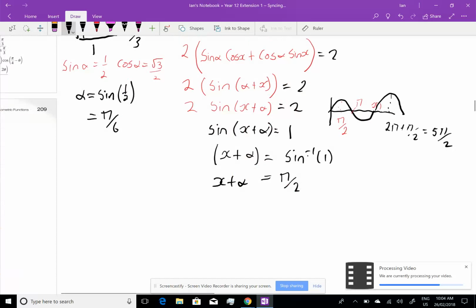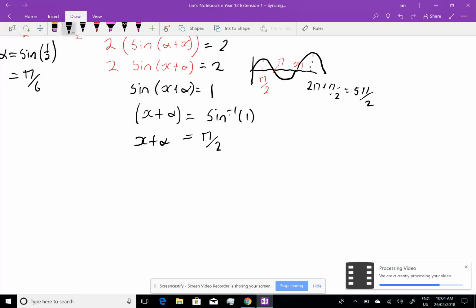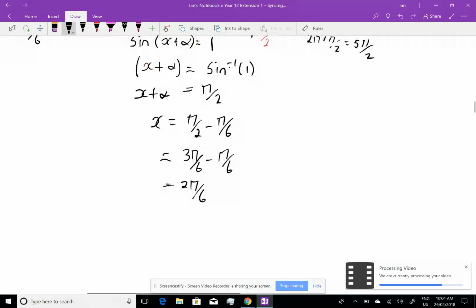So it's pi on 6. So down here now, I go x equals pi on 2 minus pi on 6, which equals 3 pi on 6 minus 1 pi on 6, which is 2 pi on 6, which simplifies to pi on 3, which is the answer.